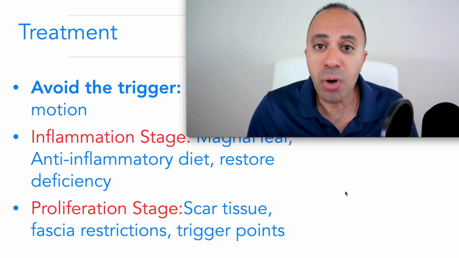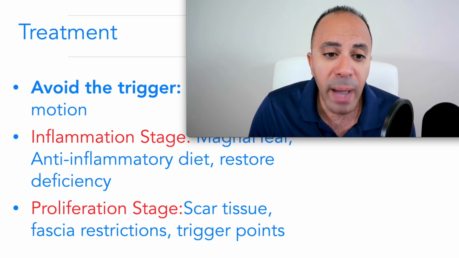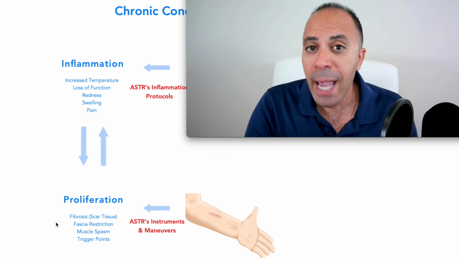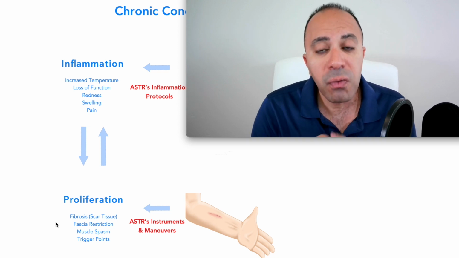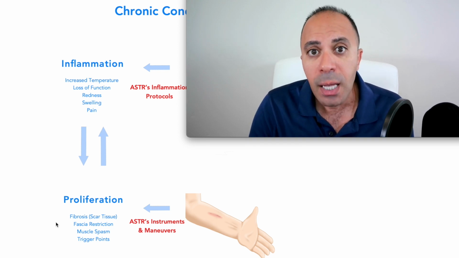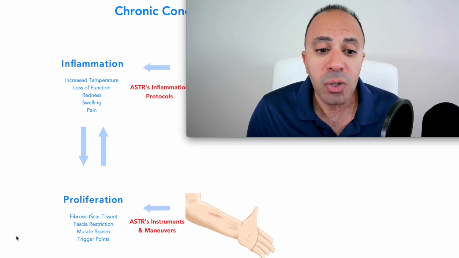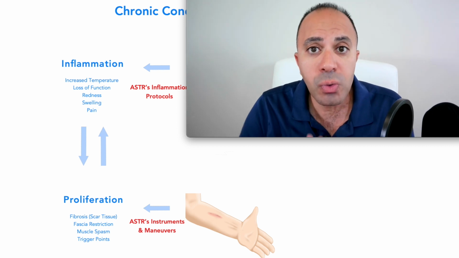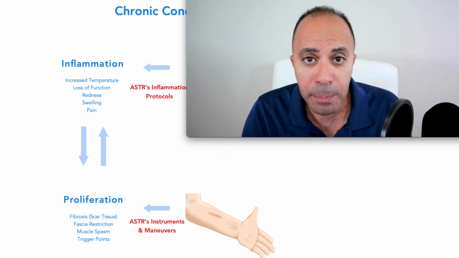If you have chronic inflammation and you're going back and forth between inflammation and proliferation, you need to be aggressive in addressing the inflammation stage with diet and restoring deficiency using the Magna Heal. I have linked below how to get those tools to do it on yourself at home.